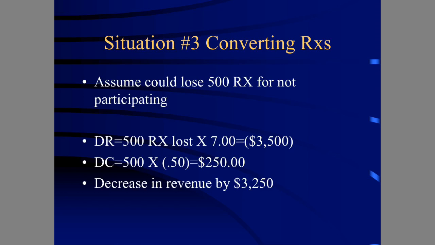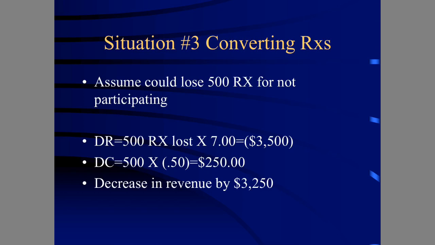And so assume I could lose 500 prescriptions for not participating. So say, for example, these people leave me for that contract and I don't get them, well, that's going to be 3,500, and then my direct costs is 250.